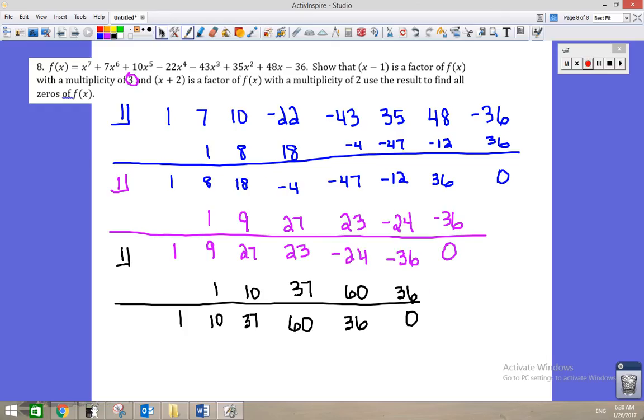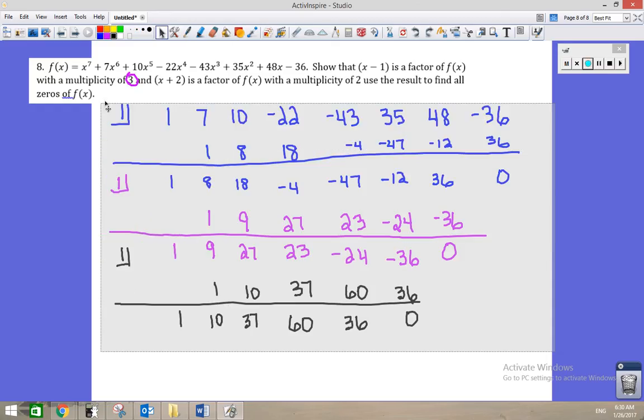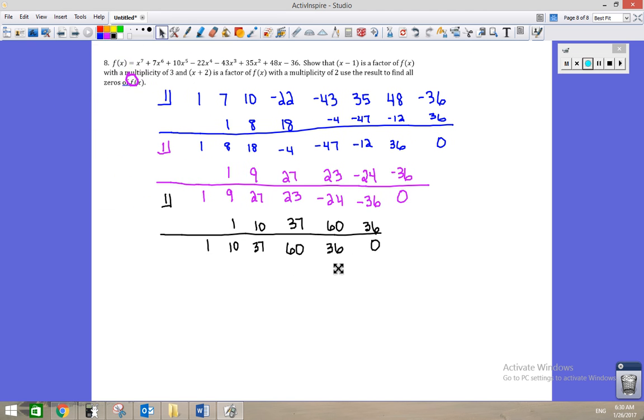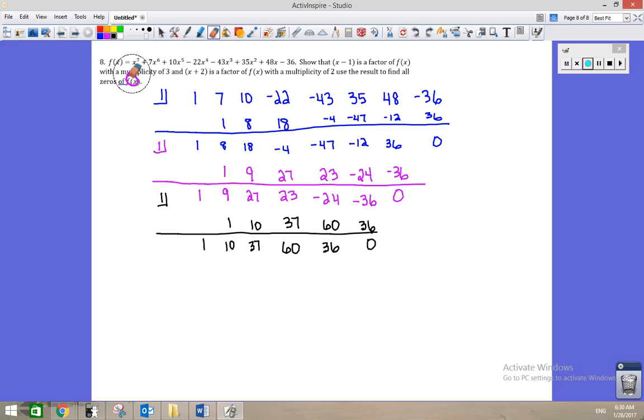All right, so I've used the three factors of 1 now. I have x plus 2 with a multiplicity of 2. X plus 2 has a 0, a negative 2. I'm expecting a 0 here.